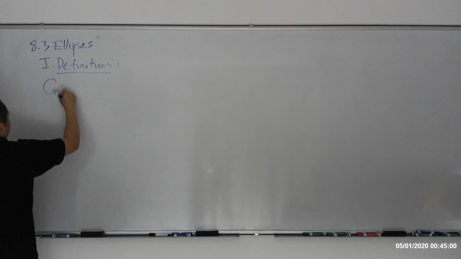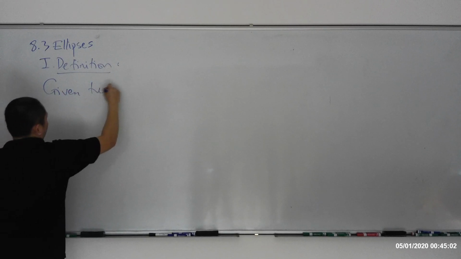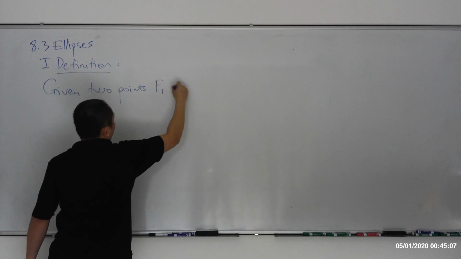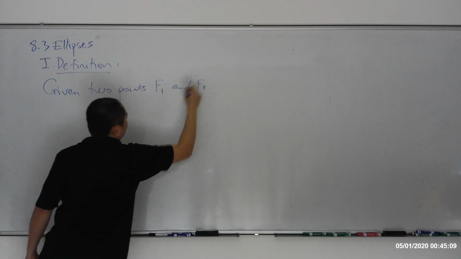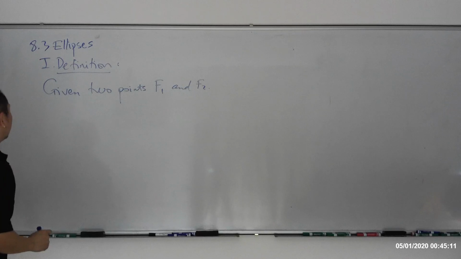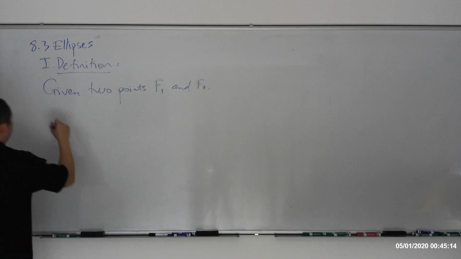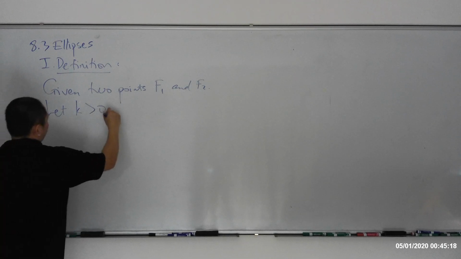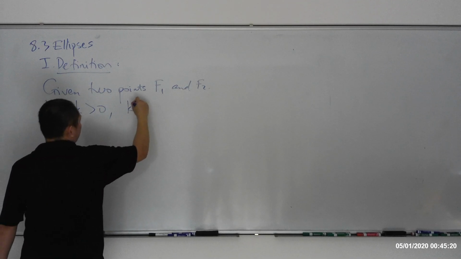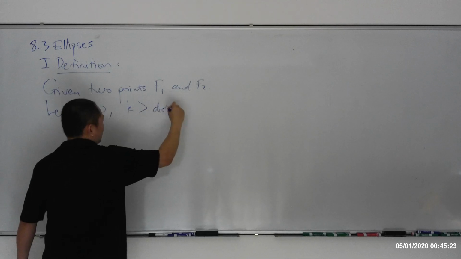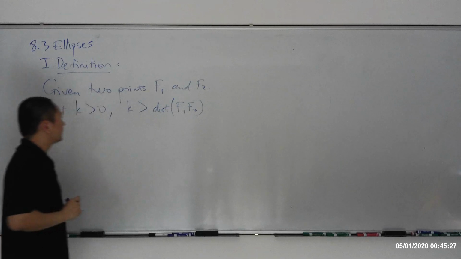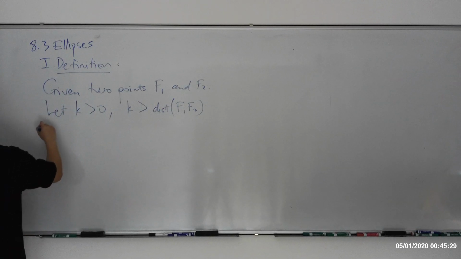Given 2 points, say F1 and F2. Let K be a positive number such that K is greater than the distance from F1 to F2. Then we define the ellipse this way.